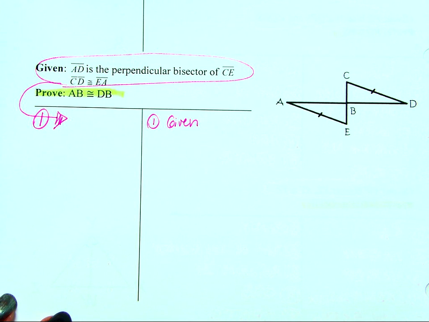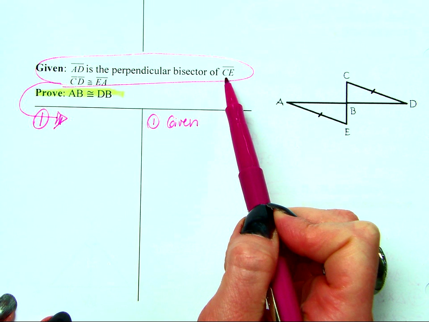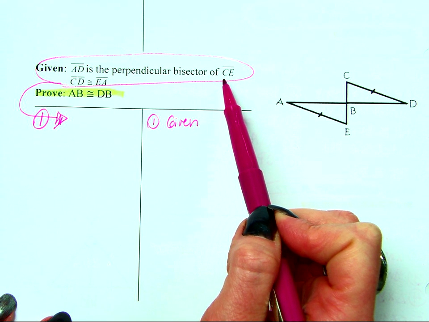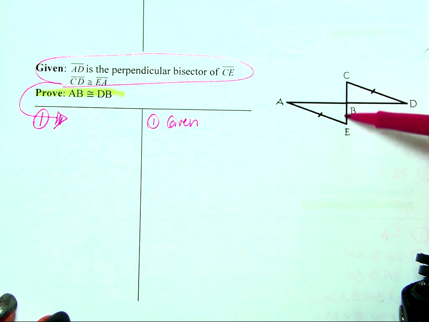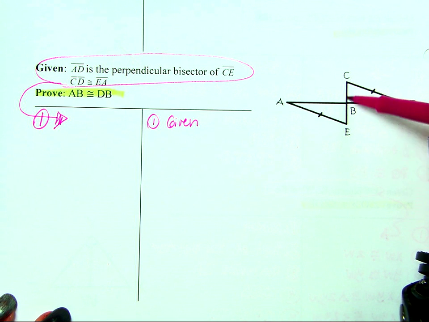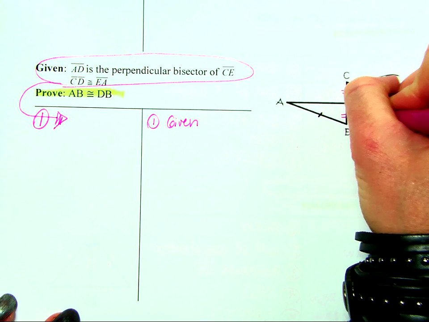Now, my given information tells me that AD is the perpendicular bisector of CE. Okay? If AD is bisecting CE, this is the segment that is being cut in half. And so I know that I can mark CB congruent to EB.